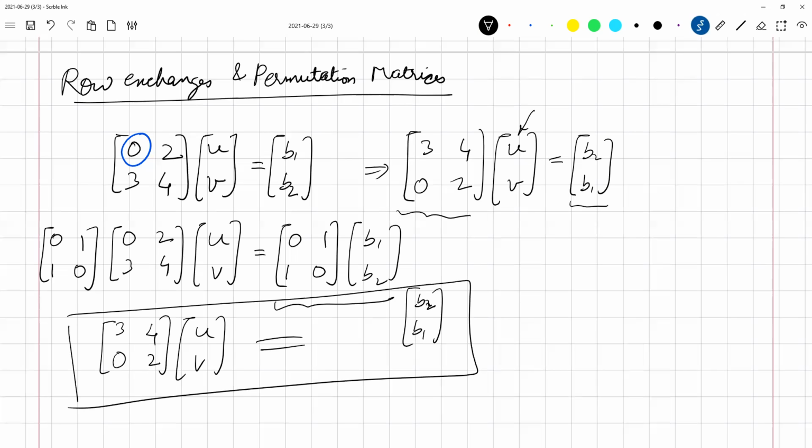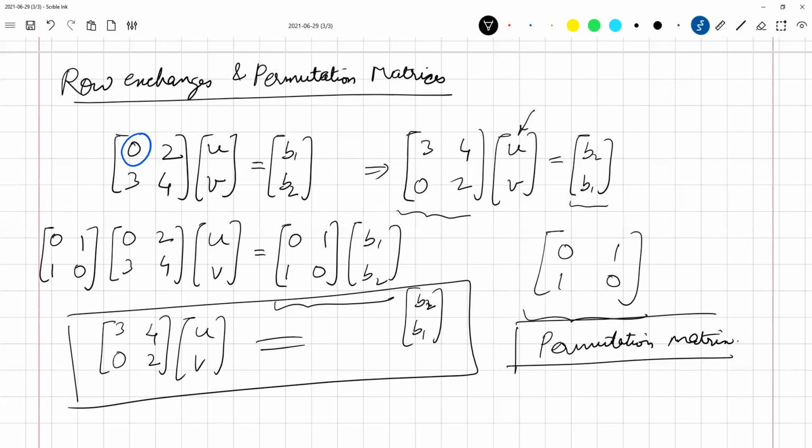So this 0, 1, 1, 0 is called the permutation matrix. What is the permutation matrix?